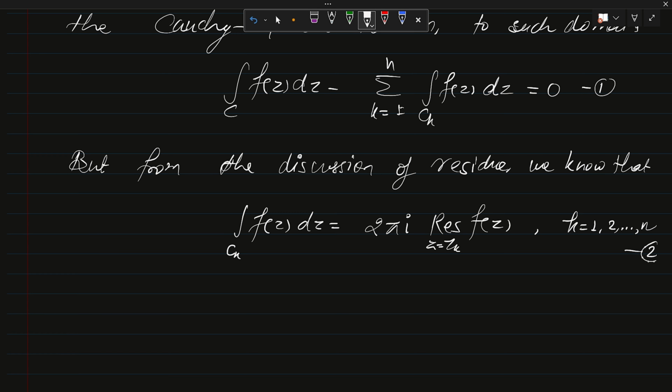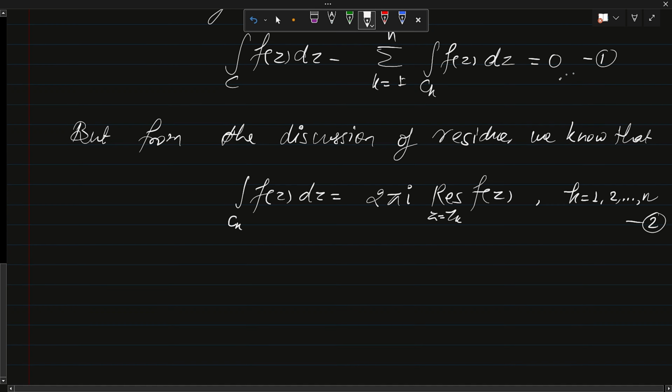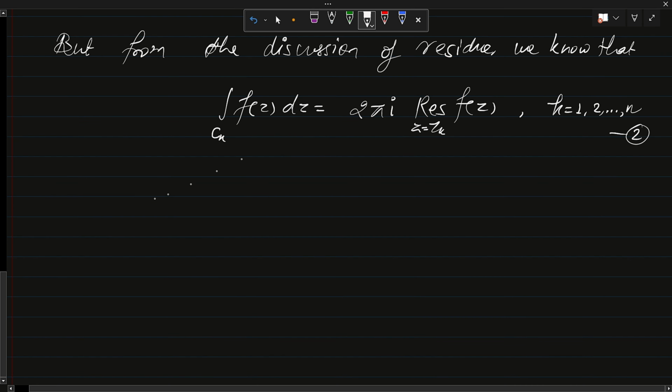This is say equation number 2. Now if we use equation number 2 into 1, then we will have the Cauchy residues theorem, okay?